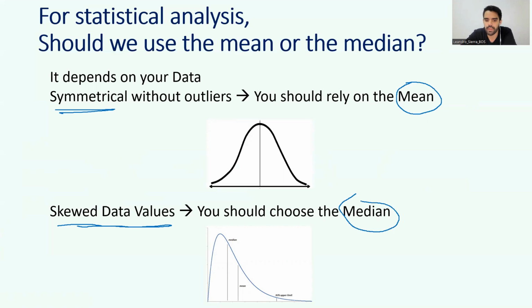Because that is the value least affected by outliers. For example, in the example that I just presented, the first sample that was without the outlier, we should rely on the mean if we want to do further statistical analysis. But in the second one with the 280, we should use the median for a statistical analysis. Basically, that is the point I want to make.